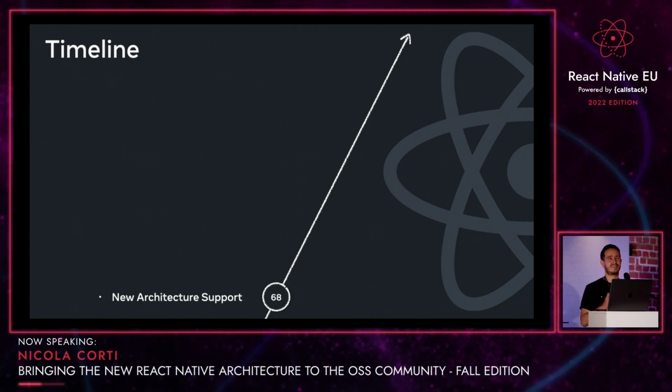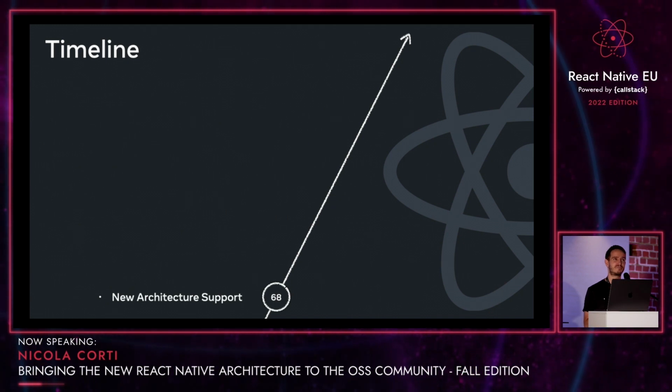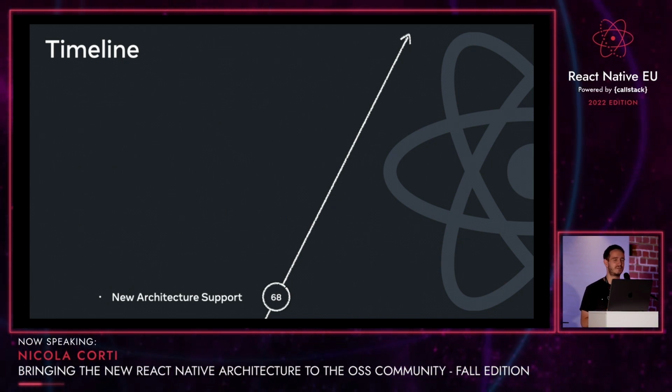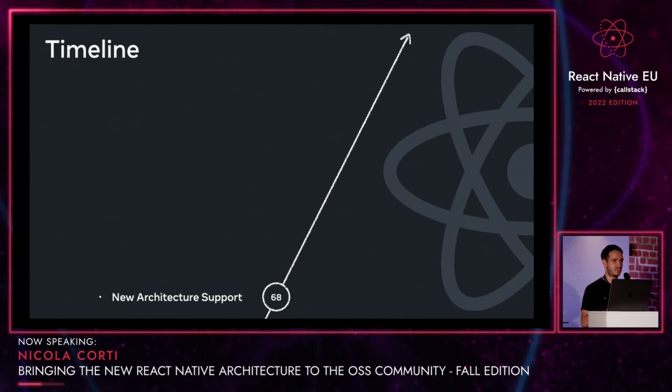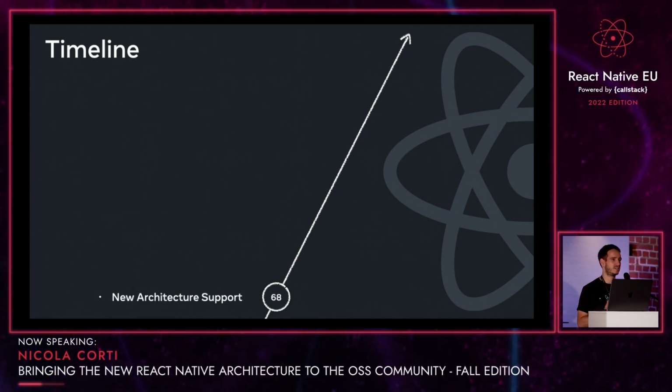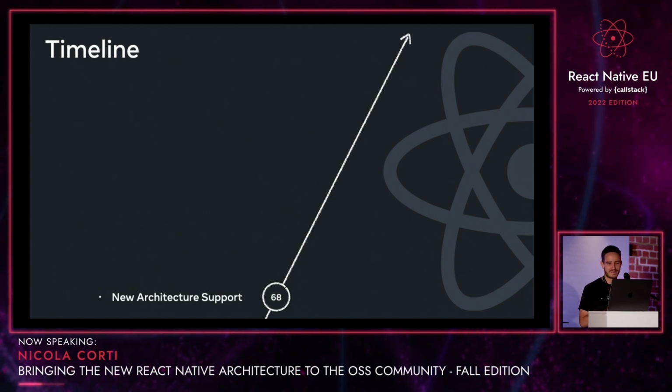Actually, the new architecture was released a little bit earlier, so some apps or libraries might try to use it in some form. But 68 is the first version where the template offers a simple flag which turns on all the logic to try the new architecture. So you need to be on that version if you want to try it in a feasible way.